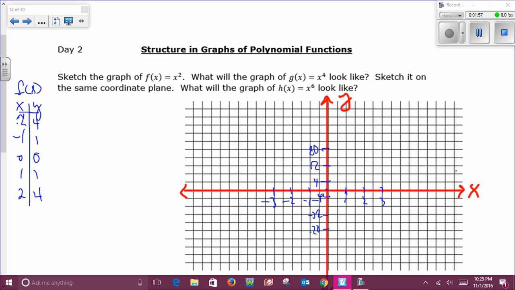So my points are 0, 0, and then 1, 1 will go over here, and then 2, 4.